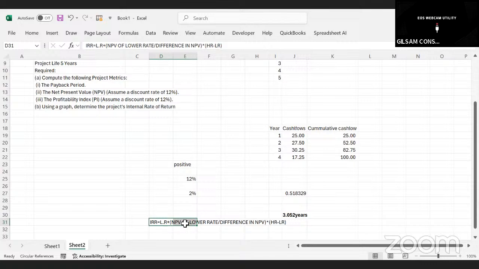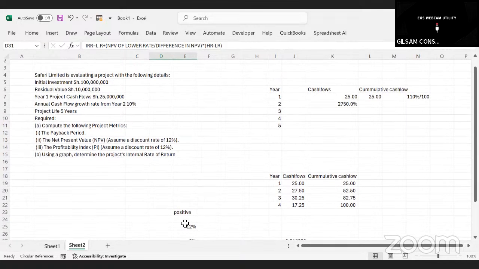So I think we are introducing another concept. If you look at that topic of time value of money, we have finished with it. So what is remaining now is to present this information using the graph.